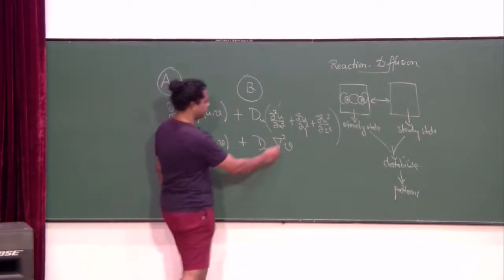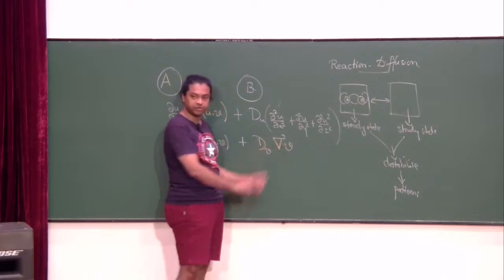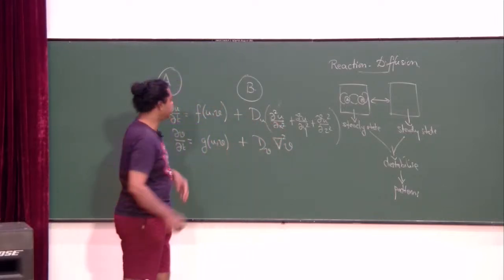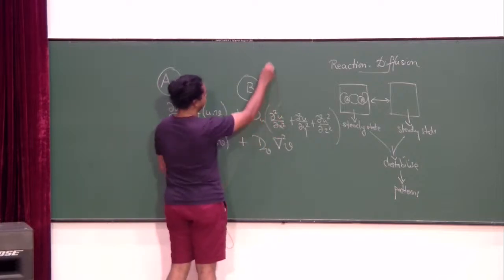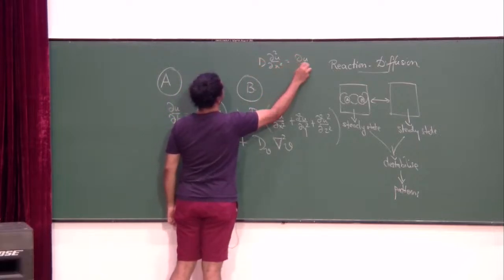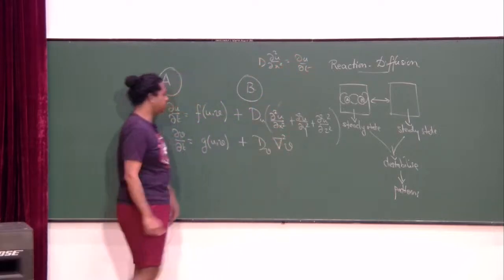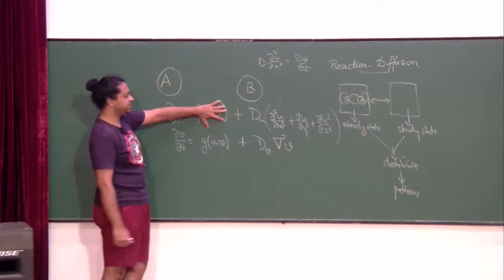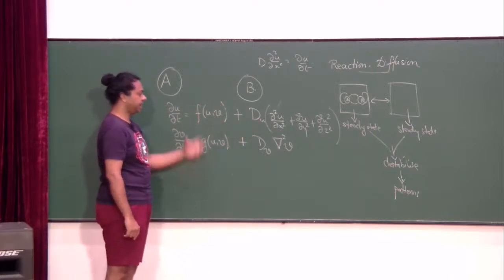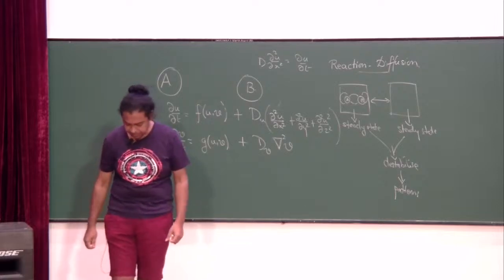So this is equivalent to this Laplacian operator. If you get confused, you can just continue to think of this one-dimensional diffusion where d del 2u del x2 is equal to del u del t. So if I did not have this reaction term, this is just my diffusion equation. Now I have this reaction term, and then we have this reaction diffusion setup.